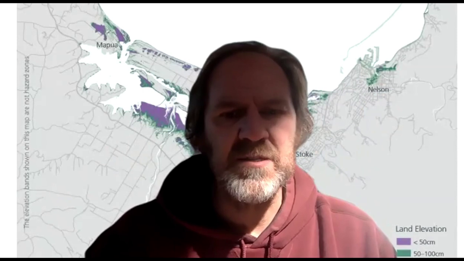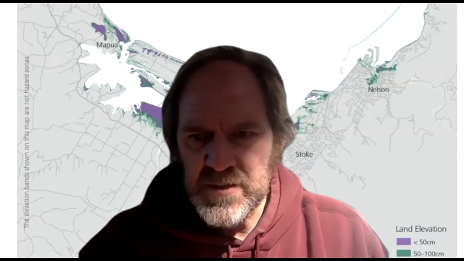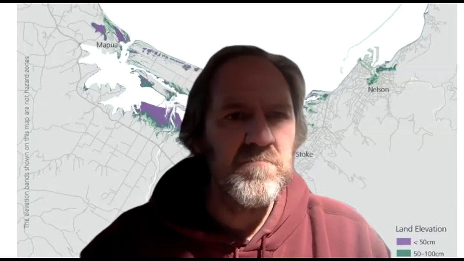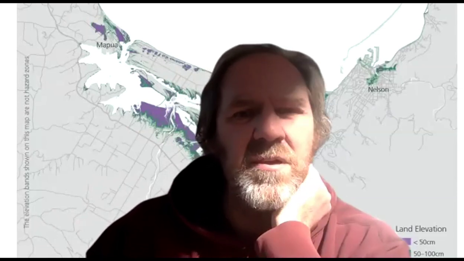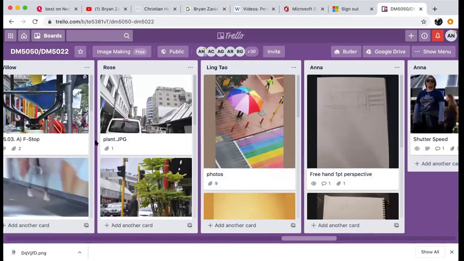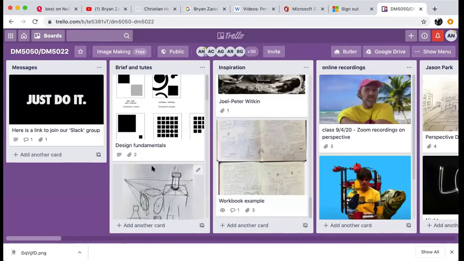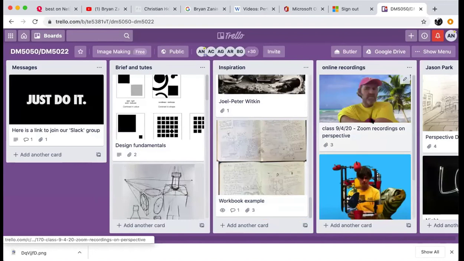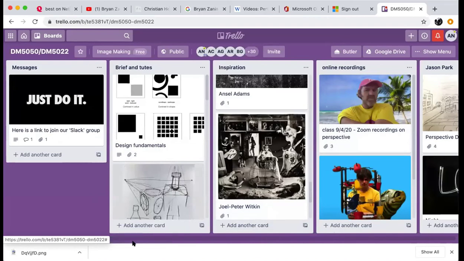I know that you guys are a level 6, so it's a bit different, I realize, but I'll share the Trello board. This isn't you guys, this is the level 5s and everything. So I've got the Zooms, the online recordings there, and I'll do the same for you guys, the shoots and stuff.